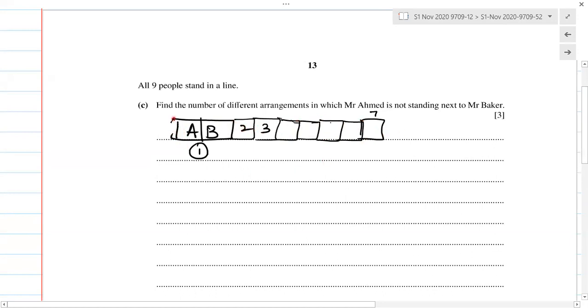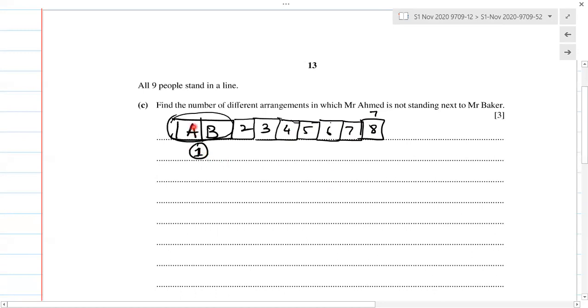But we are treating Mr. Ahmed and Mr. Barker as one block, so that's 1, because they always have to be together. And then we have 2, 3, 4, 5, 6, 7, and 8, so 8 blocks remaining.